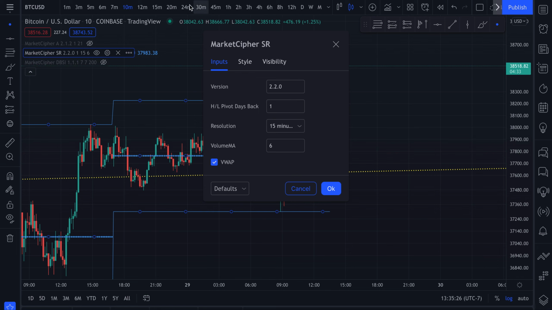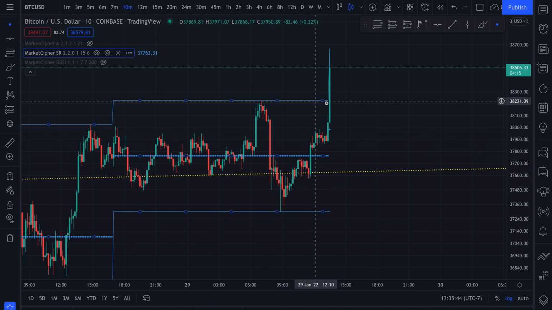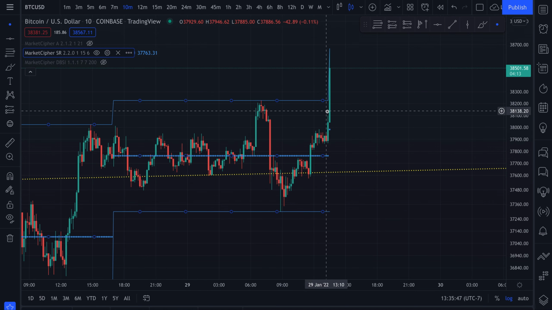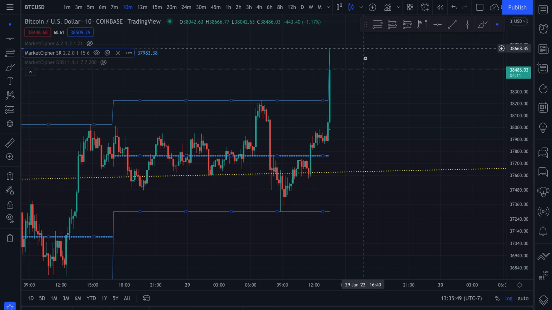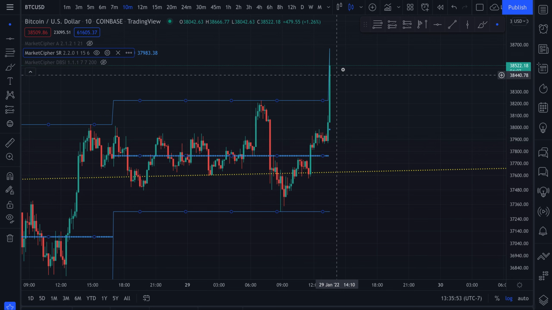So if you go to the hour, there's going to be 24 candles. Here on 10-minute, there's just a lot more candles because each candle represents 10 minutes. And then after the one trading day is up, the pivot high or the pivot low will jump to where price is at.